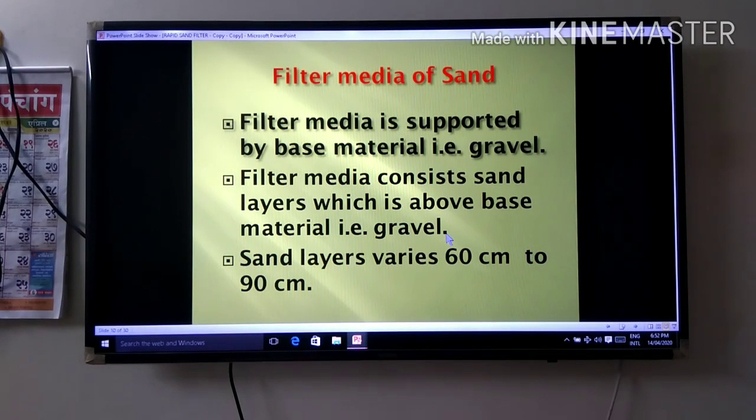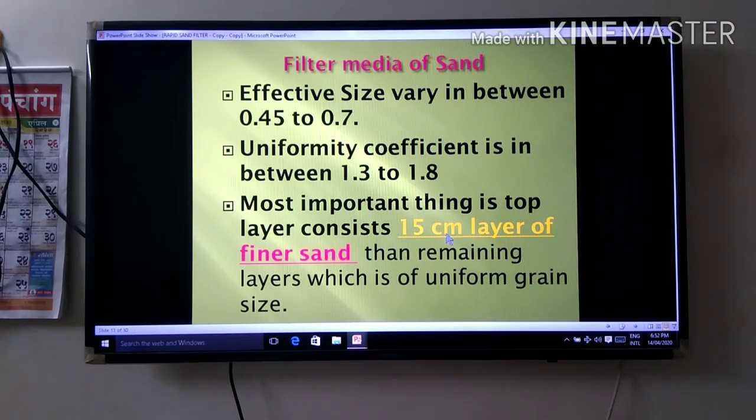The filter media of sand is supported by base material, that is gravel. You know that. Filter media consists of sand layers which are above the base material, that is gravel. Sand layers vary from 60 cm to 90 cm. Effective size varies between 0.45 to 0.7.